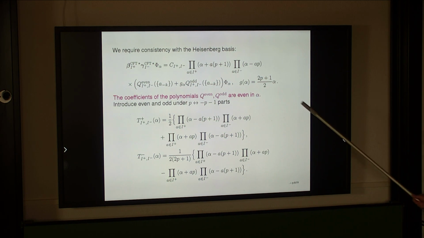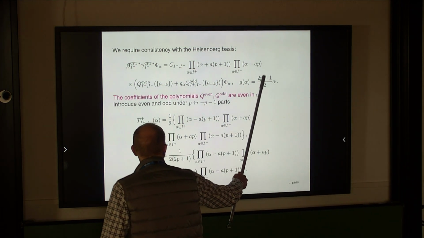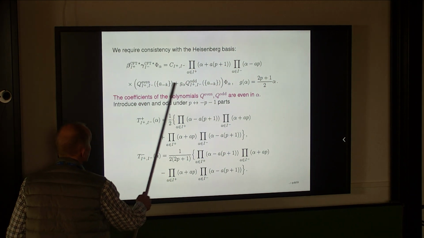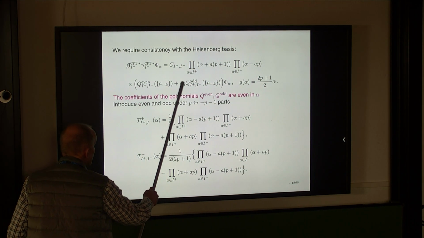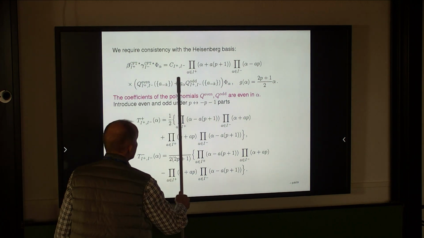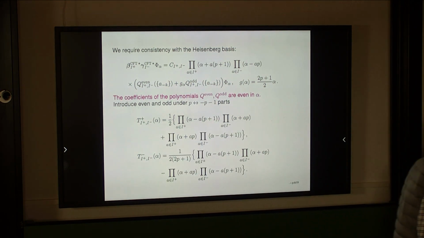And so this G alpha is antisymmetric with alpha to minus alpha. And so these coefficients of these two polynomials depend only on alpha squared. And so this is some product of monomials which comes from this product of gamma functions which I had before.